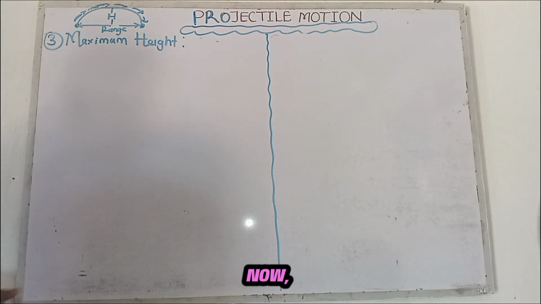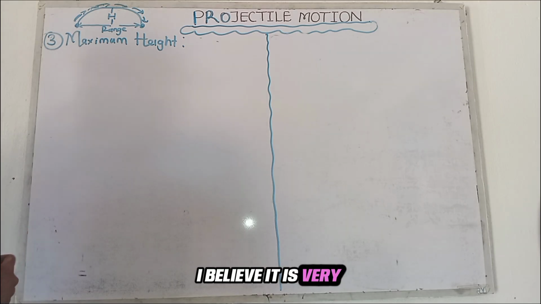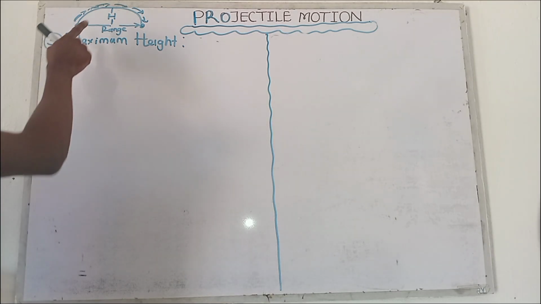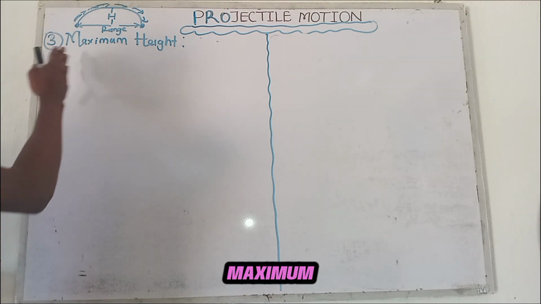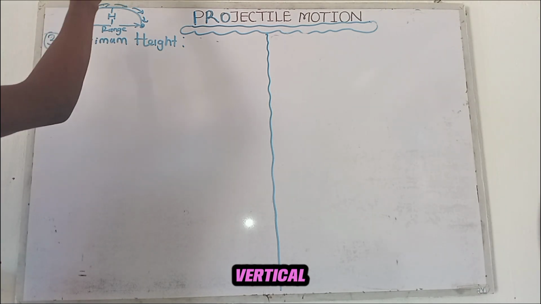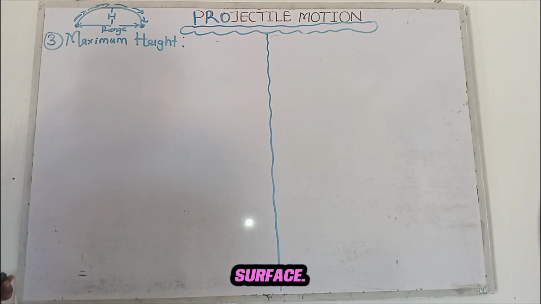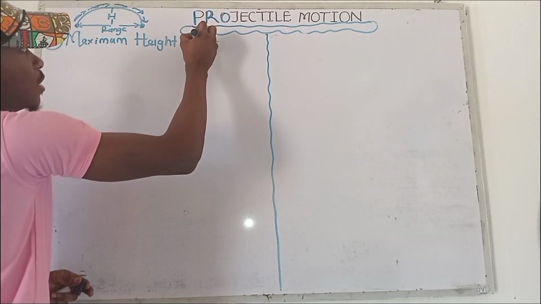All right then, now maximum height. I believe it is very smart for you to start by actually defining maximum height. From the image you can see here, you can define maximum height as the highest vertical distance from the Earth's surface, and it will do justice to everything.